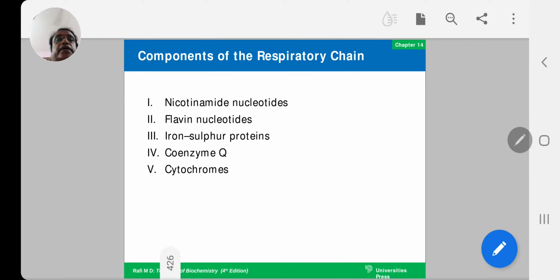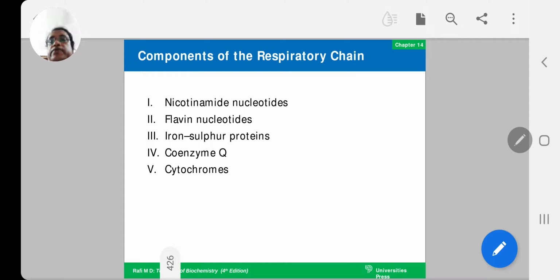Now third is iron sulfur proteins. Iron sulfur proteins (FeS) are constituents of respiratory chain complexes 1, 2 and 3. They occur either in oxidized form Fe3+ or reduced form Fe2+.